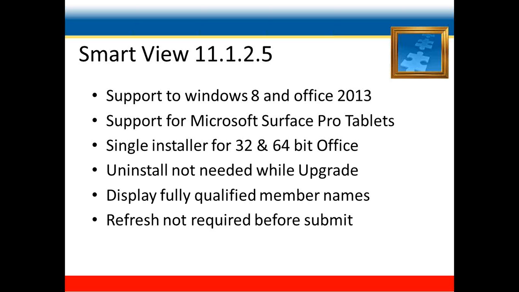Then for upgrading to SmartView 11.1.2.5, uninstall was not required, as well as deletion of any other files for SmartView was also not required from this version onwards. So upgrade was also simplified.